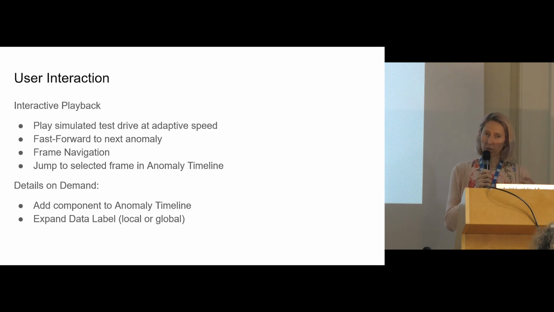And we can also navigate frame by frame, so we can move one frame forward or backwards and so on. And as I mentioned before, we can jump directly to a point in time by selecting an anomaly in the timeline. And we can change the amount of information we want to depict by adding a component to the timeline or by expanding the data label.